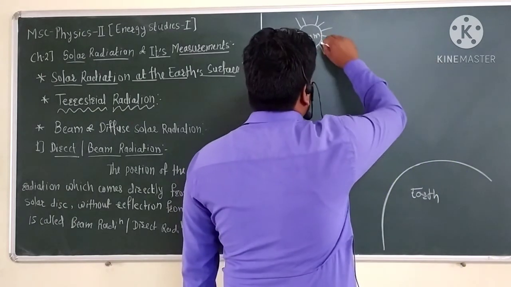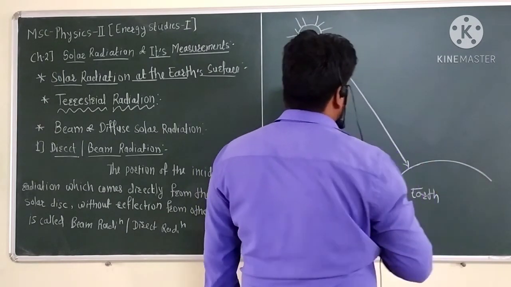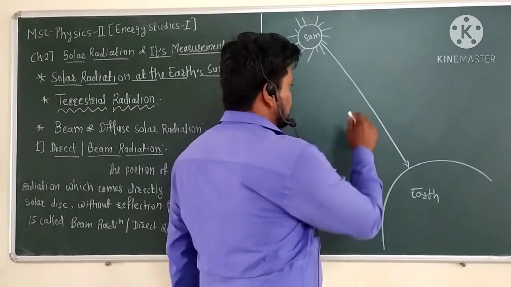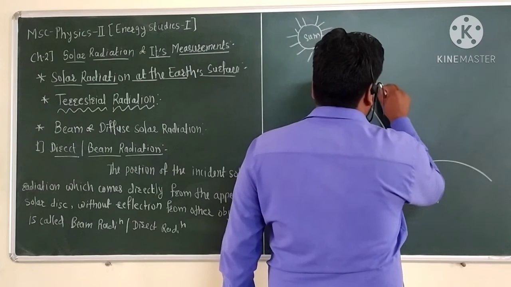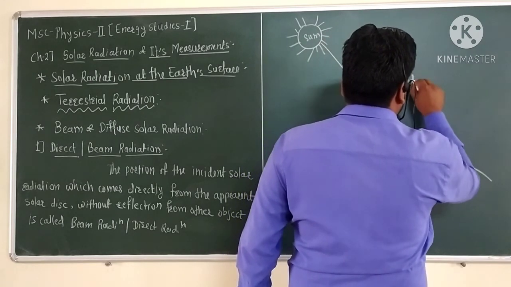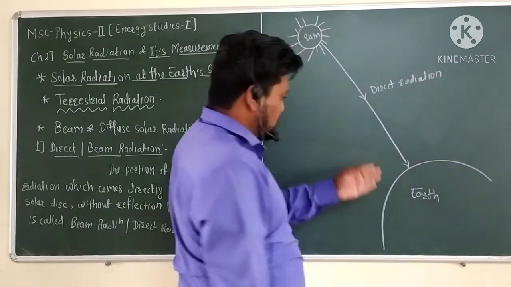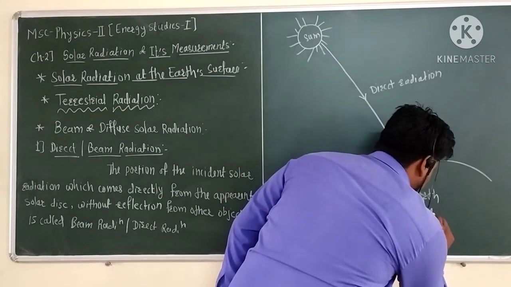So whatever solar radiation is directly incident on the earth surface is considered as the direct radiation.